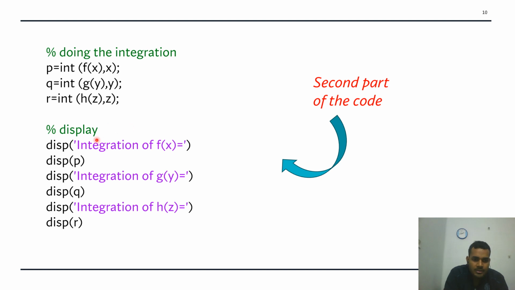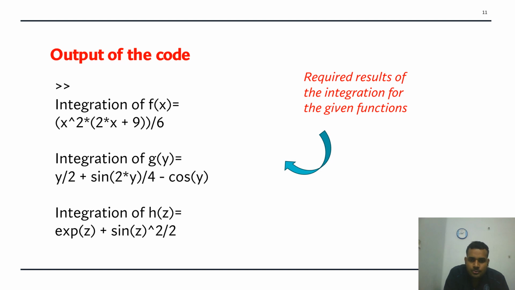We display p, then q, then r. So here are the required results of the integration for the given functions. Integration of f(x) is this, integration of g(y) is this, and integration of h(z) is this.